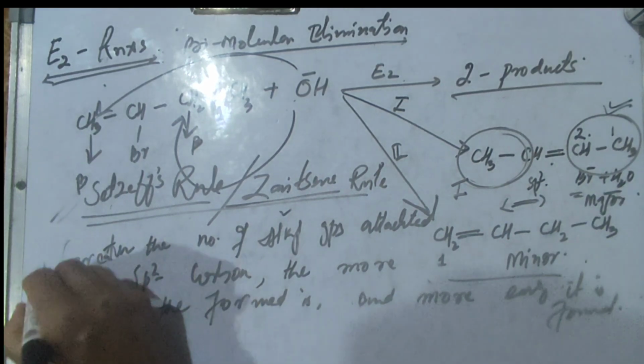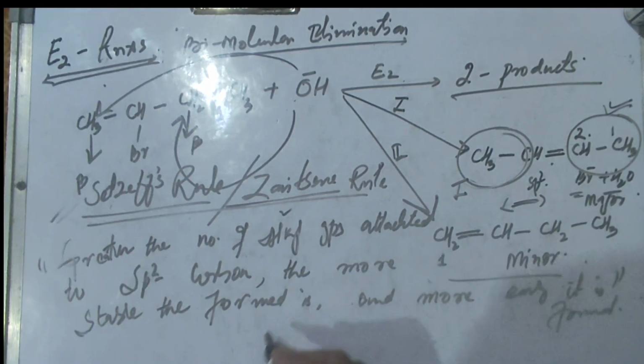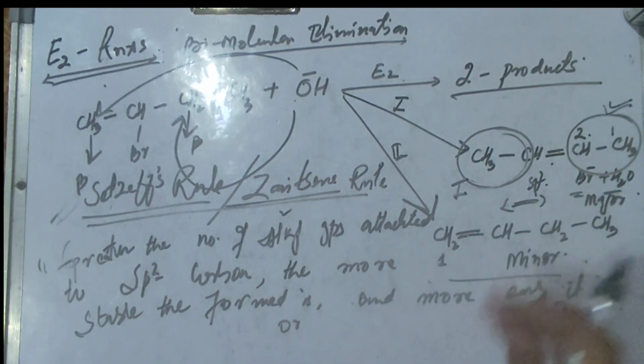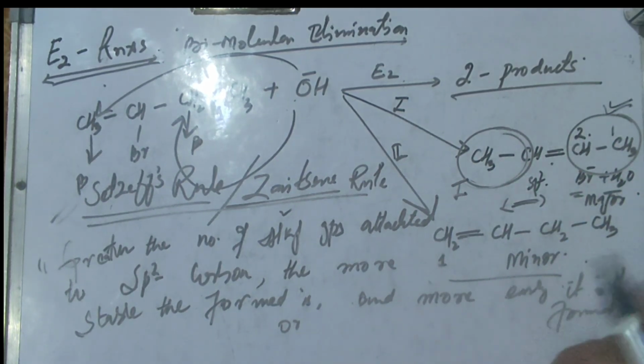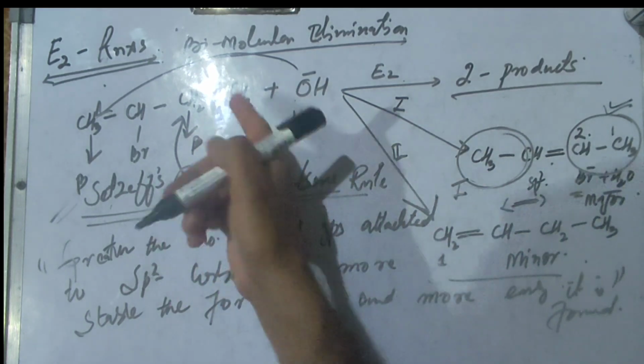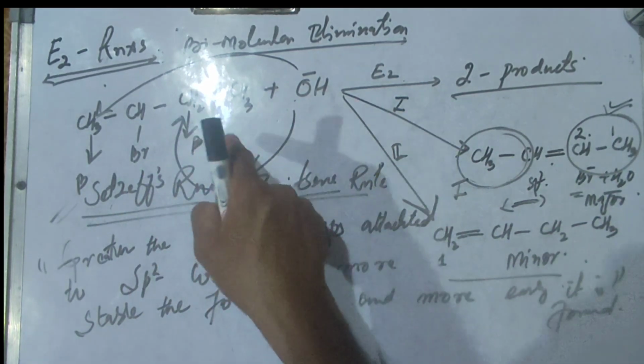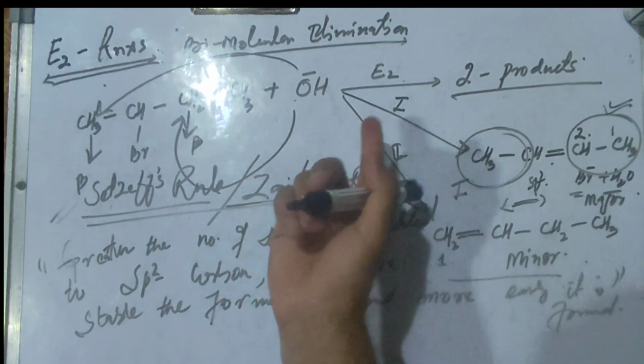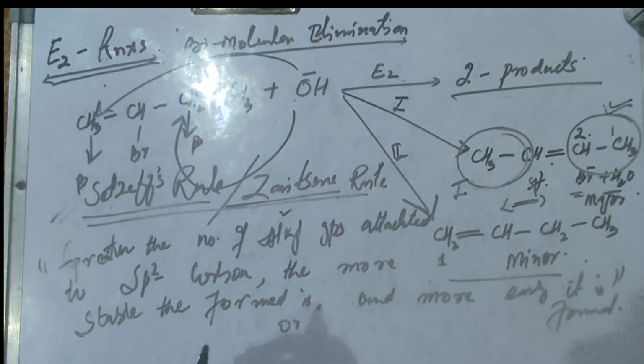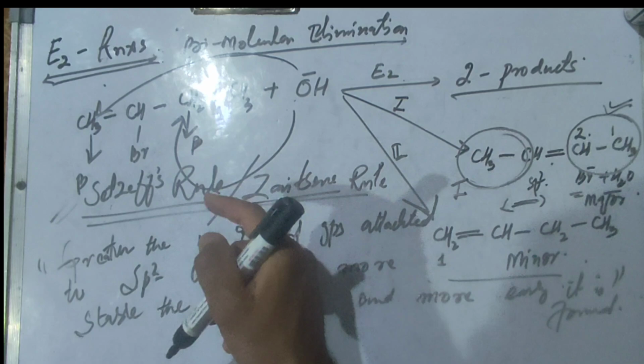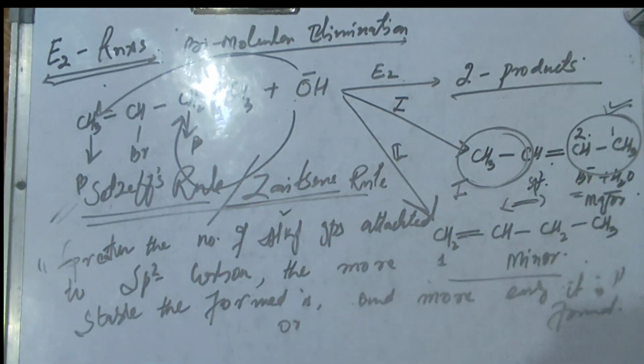It's simply the statement of Saytzeff's rule. In other words, the more substituted alkene is only possible when the beta hydrogen comes from the carbon atom which contains the least number of hydrogen atoms, from a beta carbon which contains the least number of hydrogens.